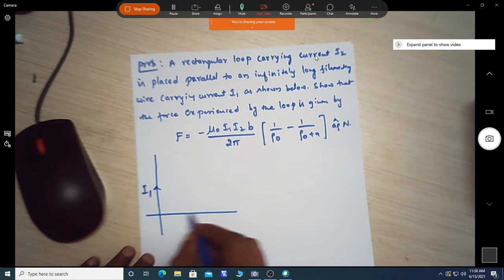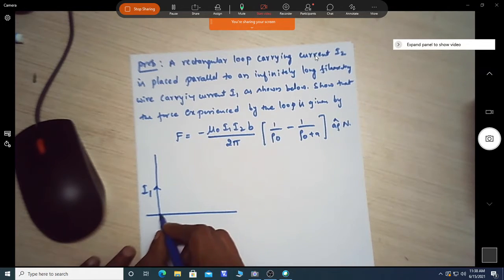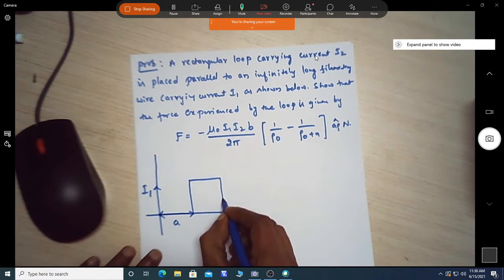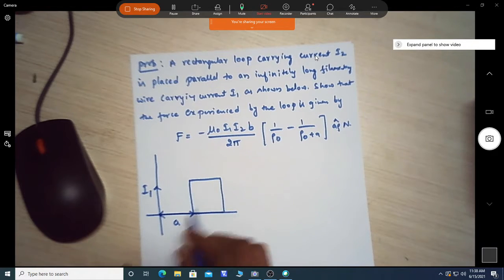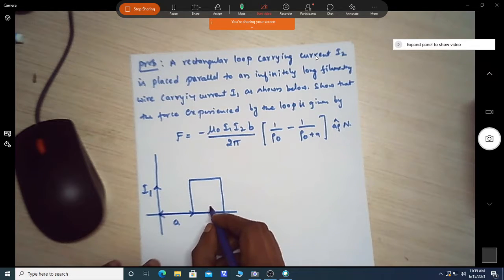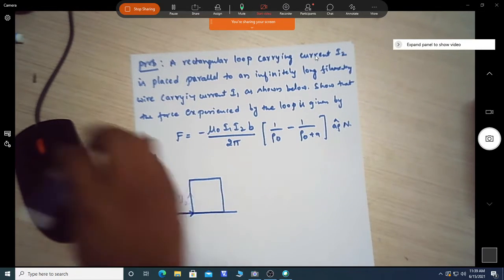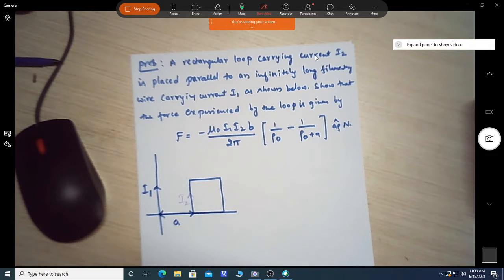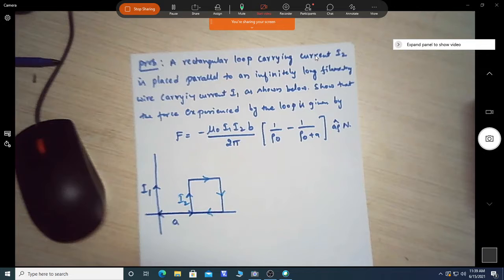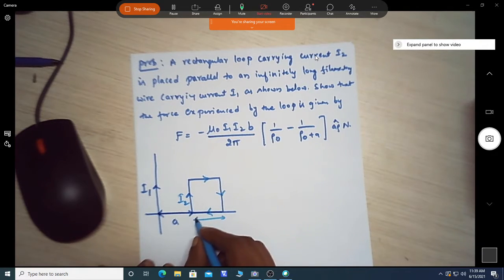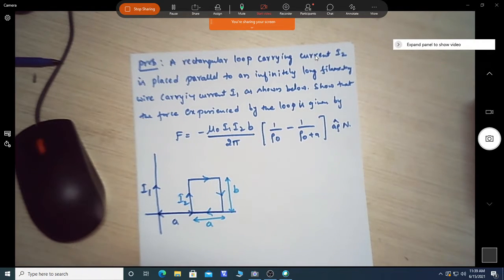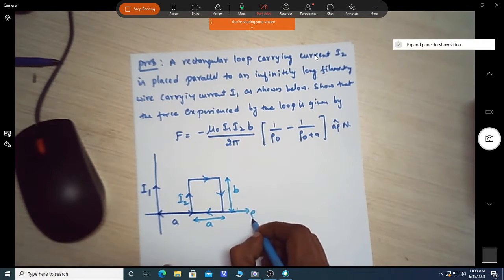This is the origin, and at a distance of A we have the loop carrying current I2, like this, with this distance A and this distance B. This is in the direction of rho.